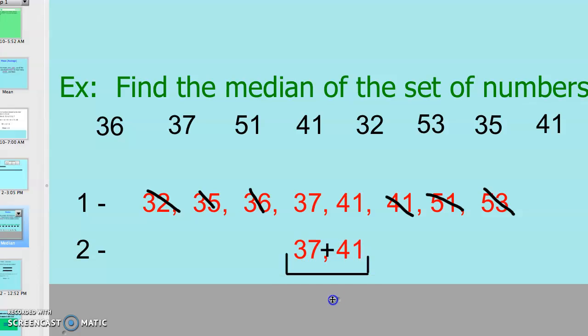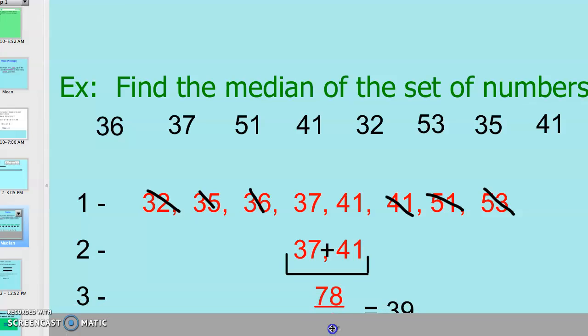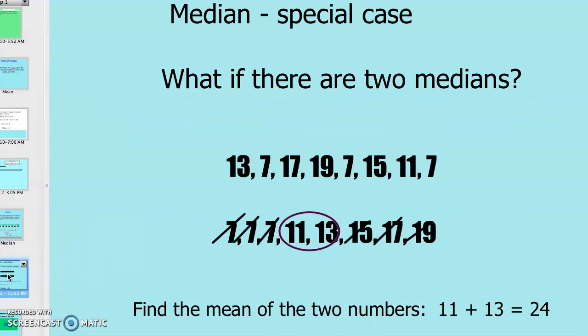But in this case, because you have 2 numbers in the middle, you have to add them together. 37 plus 41 is 78. And then you divide by 2 because there's 2 numbers in the middle, and you get 39. Therefore, 39 is the middle of all of these numbers. That's your median. Okay. Again, if there's a special circumstance when there's 2 in the middle, you add them together, divide by 2.